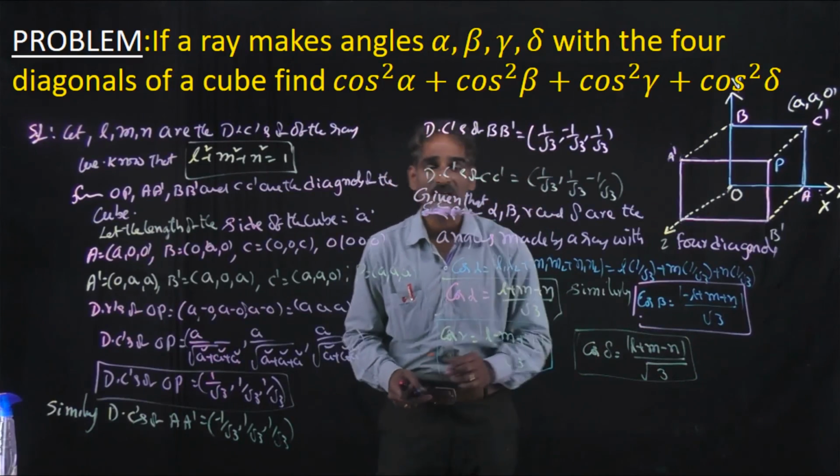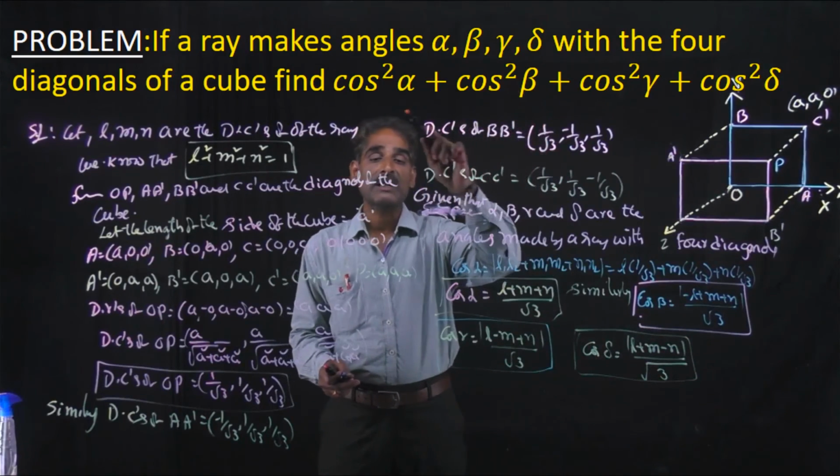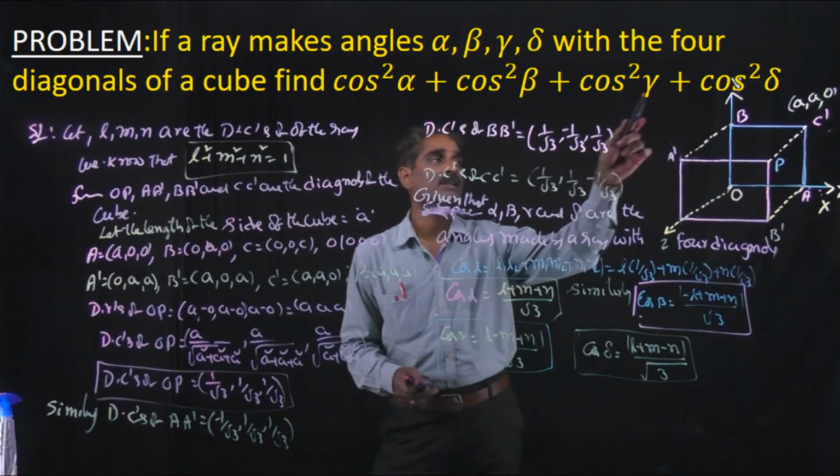We have to find the value of cos square alpha, cos square beta, cos square gamma, cos square delta.